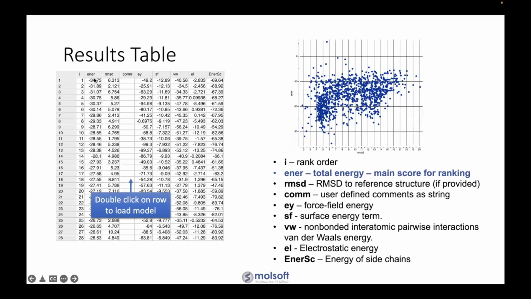So the lower the energy, the better. It will report the RMSD, and there's a column to add comments. There's an energy of force field, there's a surface energy term, there's a van der Waals interaction energy term, electrostatics, and the energy of the side chains.